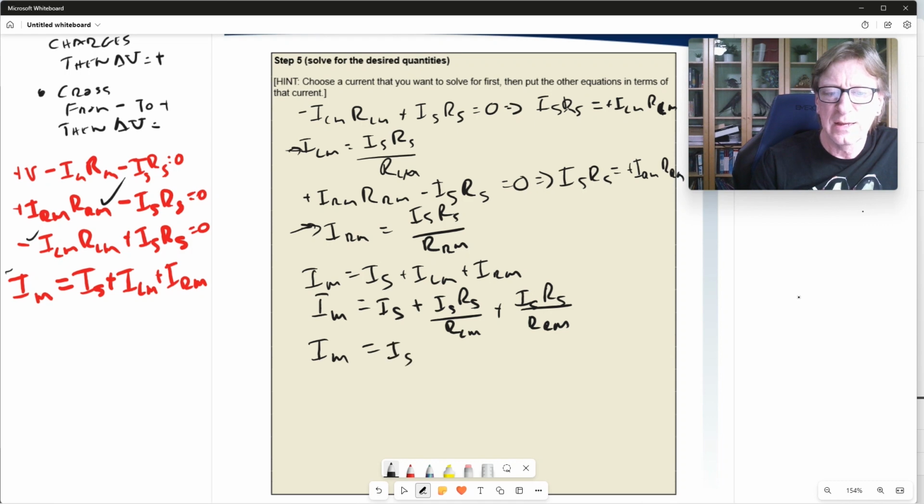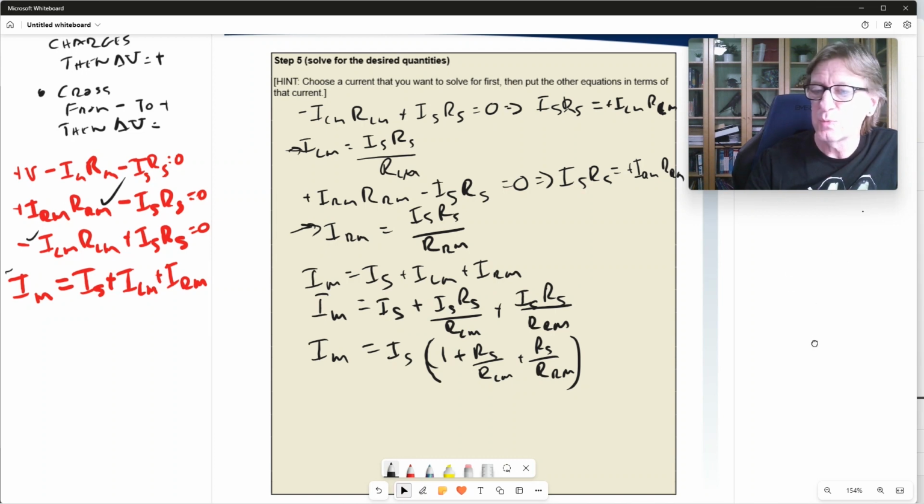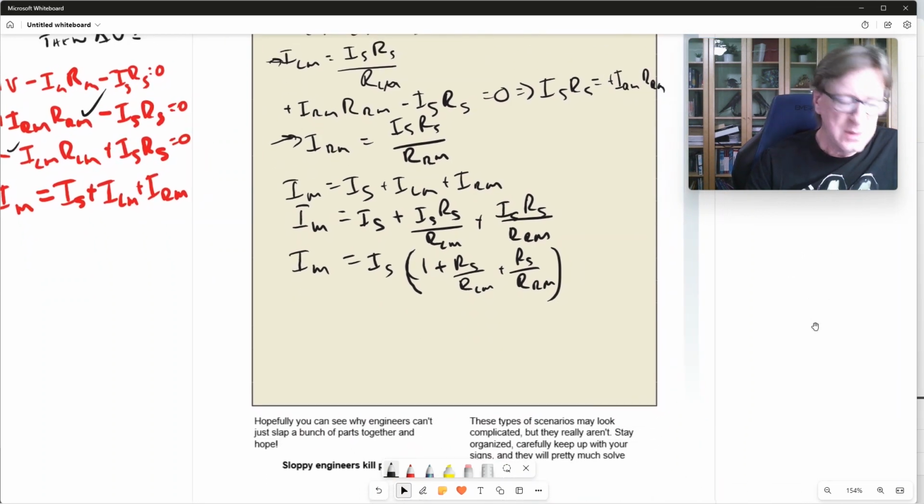And so I get IS times 1 plus RS over R left motor plus RS over R right motor. Now, yes, it's true that these are the same, but I actually wouldn't combine those just yet because they generally won't be the same. So we want to learn the technique for this. Okay, so I have now used this equation.